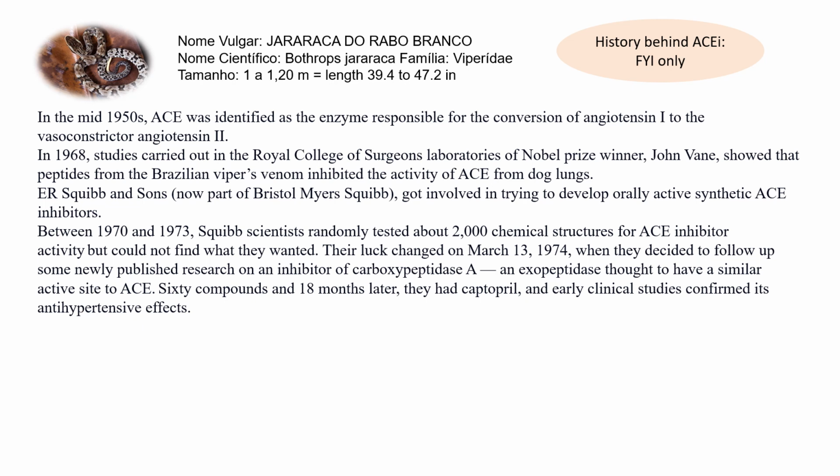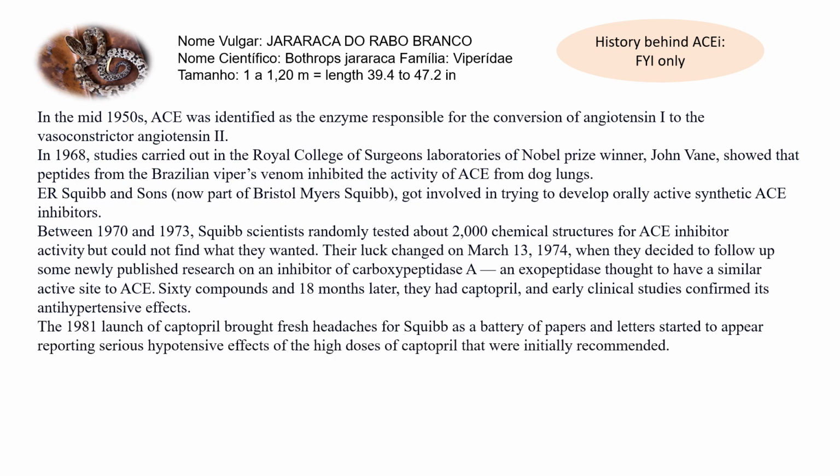Their luck changed on March 13, 1974, when they decided to follow up some newly published research on an inhibitor of carboxypeptidase A, an exopeptidase thought to have a similar active site to ACE. 60 compounds and 18 months later, they had captopril, and early clinical studies confirmed its antihypertensive effects.